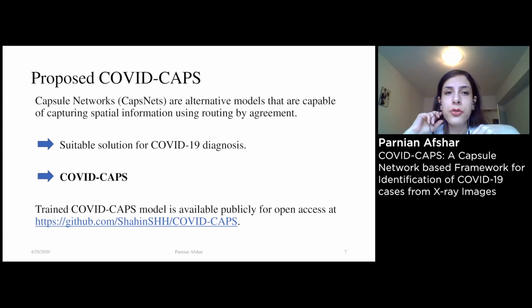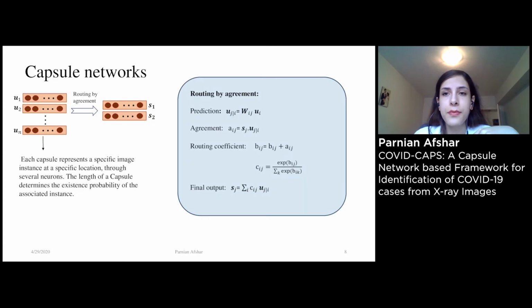I'm not going into the details of the capsule networks, but I briefly introduce the routing by agreement process, which makes the capsule networks able to handle smaller data sets. So basically, each capsule is a group of neurons, and this capsule represents a specific instance at a specific location, and the length of the capsule shows the probability of the instance being present.